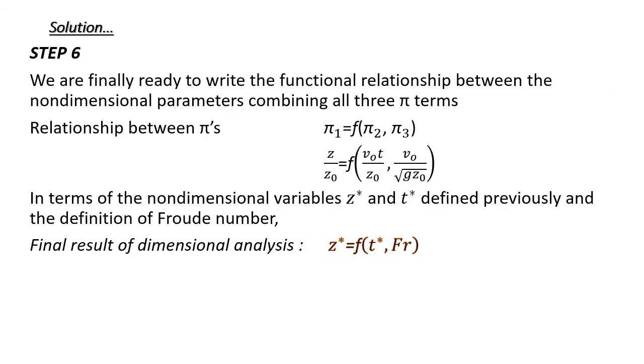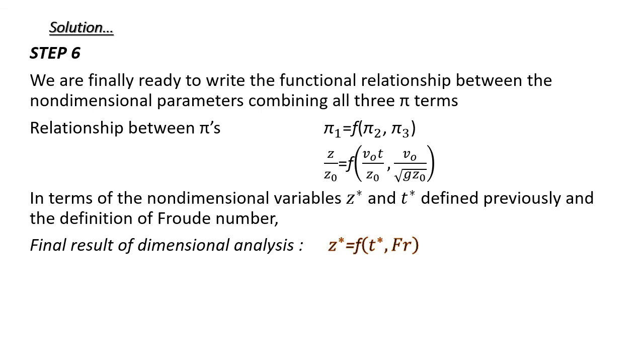So we are finally into the last step, wherein we combine all these pi terms. We are ready to write the functional relationship between the non-dimensional parameters, combining all three pi terms. Pi 1 was the dependent pi term because we had multiplied z there, and pi 2 and pi 3 were independent. So the pi 1 expression we got is z by z naught, equal to a function of the pi 2 term, v naught t by z naught, and pi 3 as we modified it.